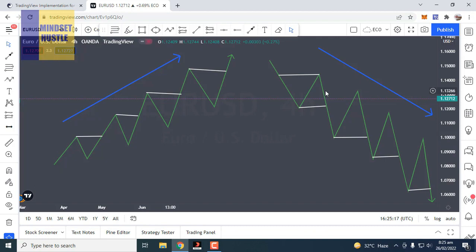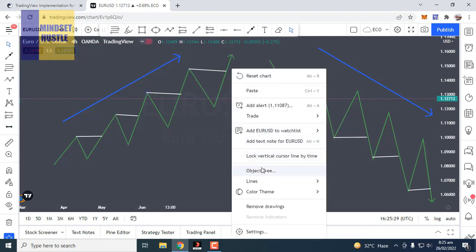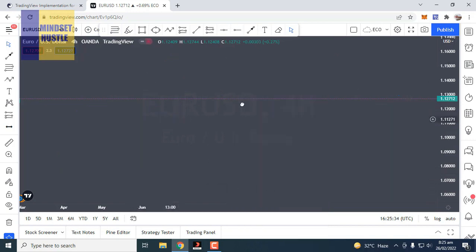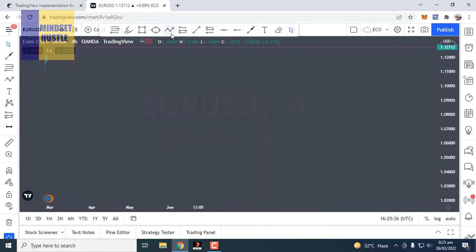As I said, this is kind of a textbook example, so let's look at a more realistic illustration. Alright guys, so I'm going to remove these drawings, and then let's do a more realistic one. In an uptrend, you can have this kind of movement.